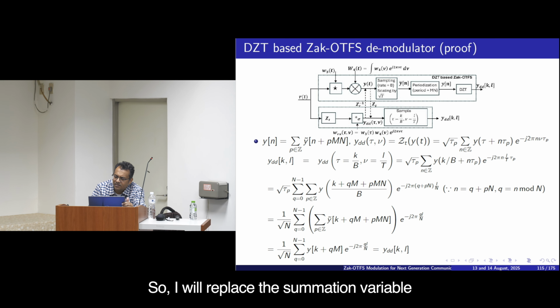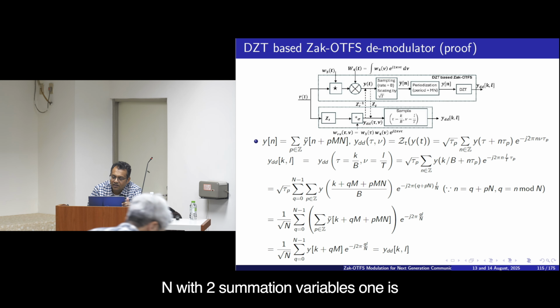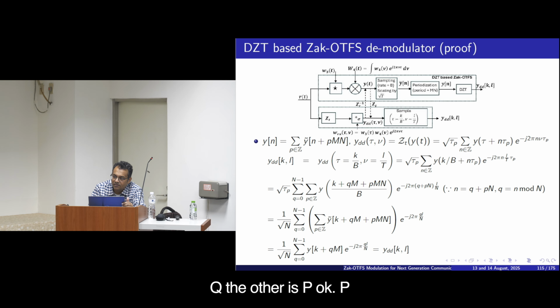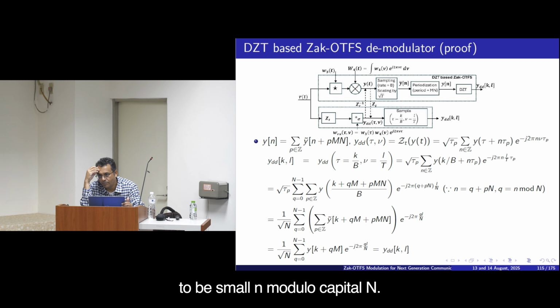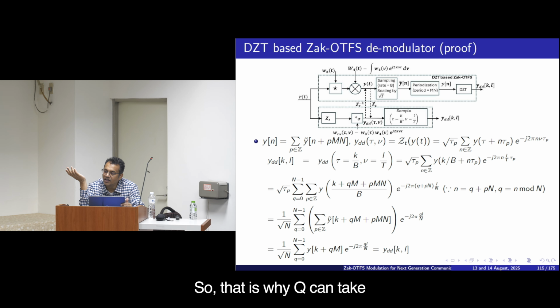I will replace the summation variable n with two summation variables, one is q, the other is p. p is going from minus infinity to plus infinity, but q is only between 0 to N minus 1, because q is defined to be small n modulo capital N. So, that is why q can take values only between 0 to N minus 1.